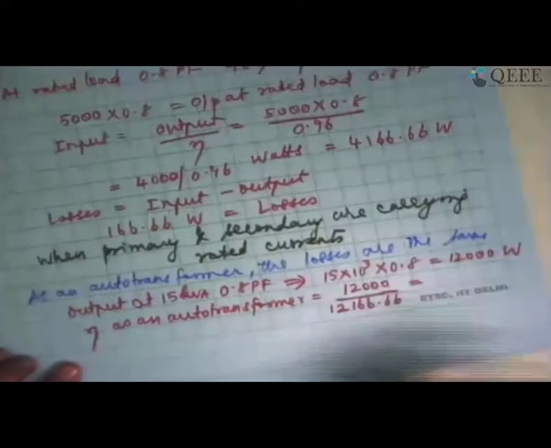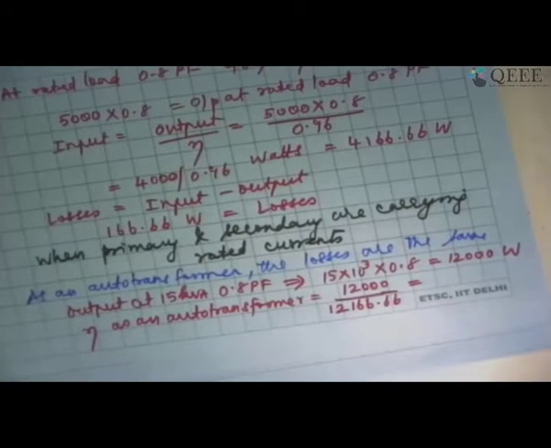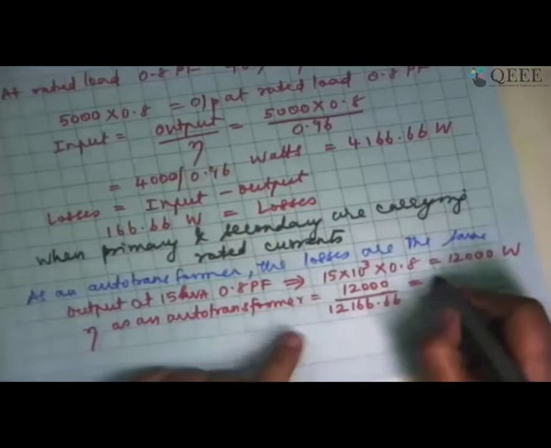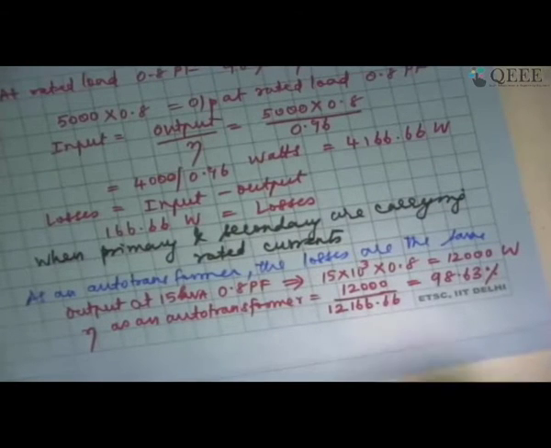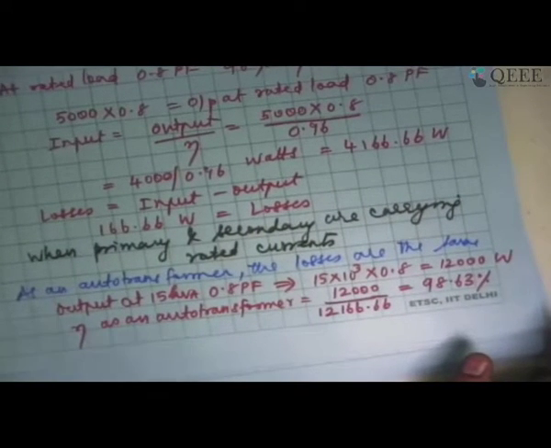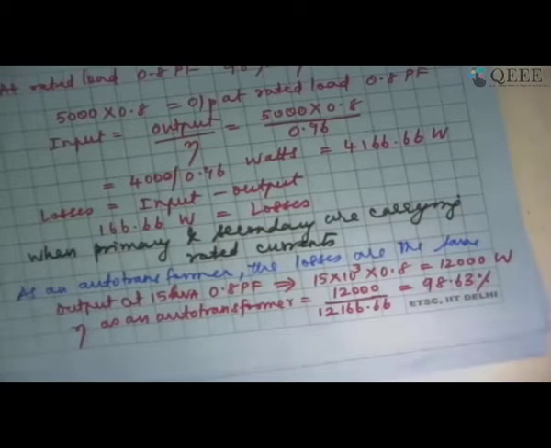So this will be the efficiency. I think efficiency comes out to be, if I am right, 98.63. Please check it up. Yeah, 98.63. Please note that as a two-winding transformer, it had only 96% efficiency at full load, whereas in the other case the efficiency has gone up by 2.63%.